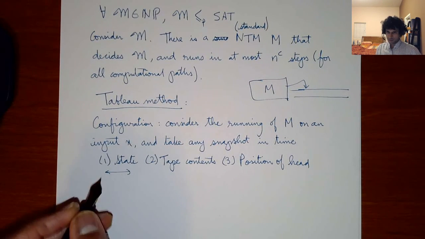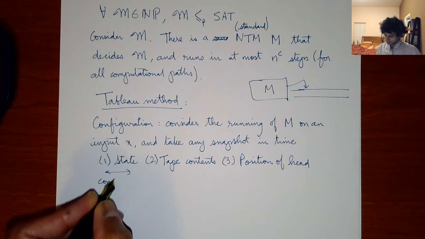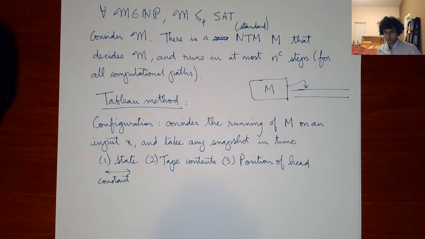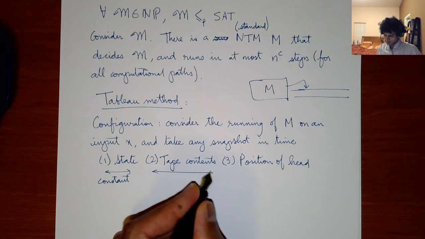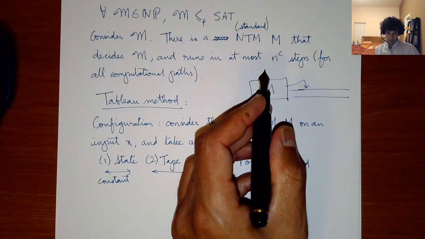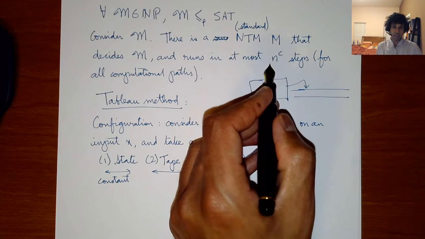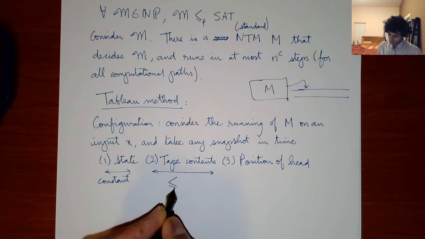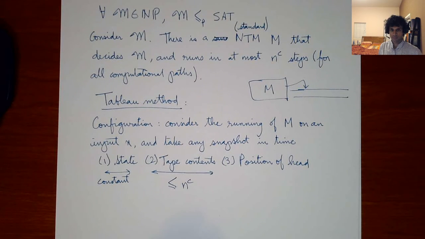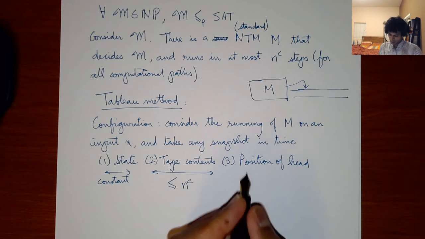Now the state is a constant representation. Because it's a non-deterministic Turing machine that runs in polynomially many steps, the tape content is at most n to the c, right? Because that's just how much content there's going to be.